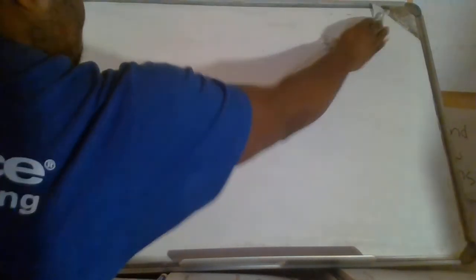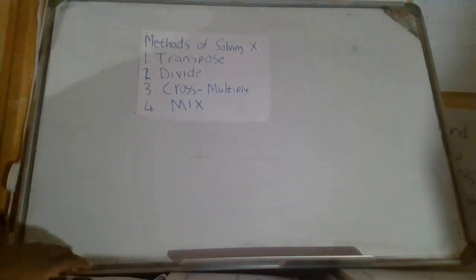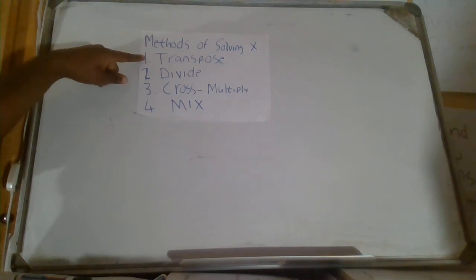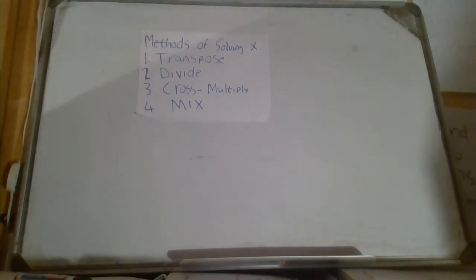Now, when you solve for X, just to put things in perspective, we dealt with 4 methods of solving for X. The first one was to transpose, the second one was to divide, the third one was to cross multiply, and the fourth one was a mix of any of the above.